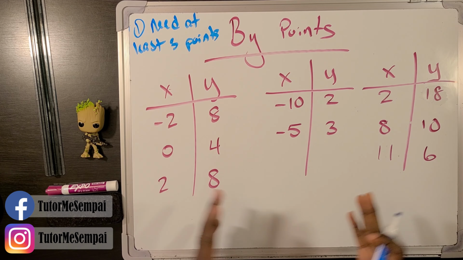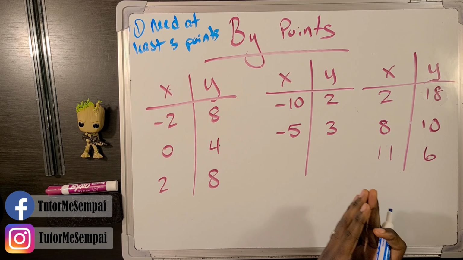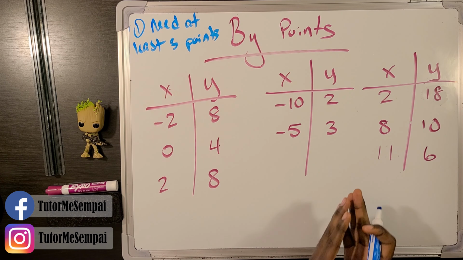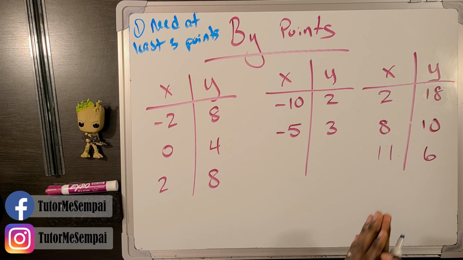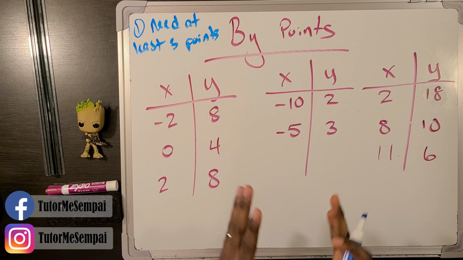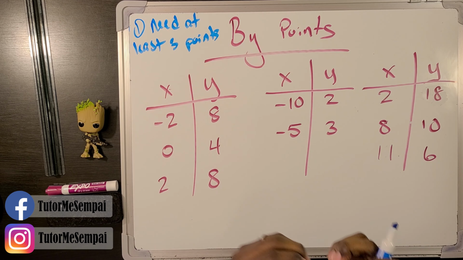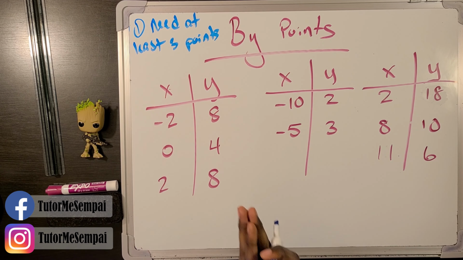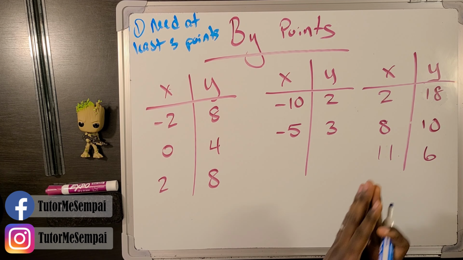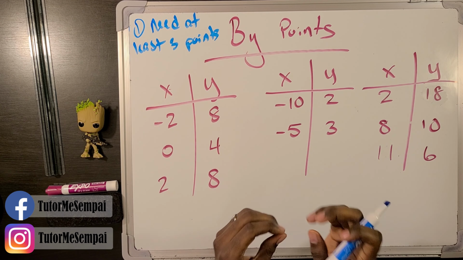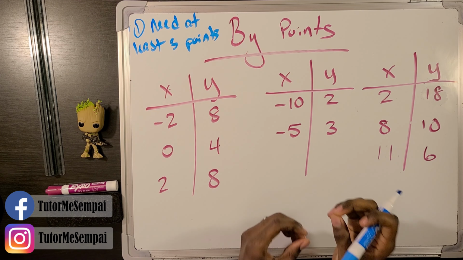The second thing, and probably the most important, because once you have at least 3 points, you still need to determine whether it's linear or nonlinear, is you have to have a constant slope. Remember, it's going to look like a line. A line requires a constant slope.